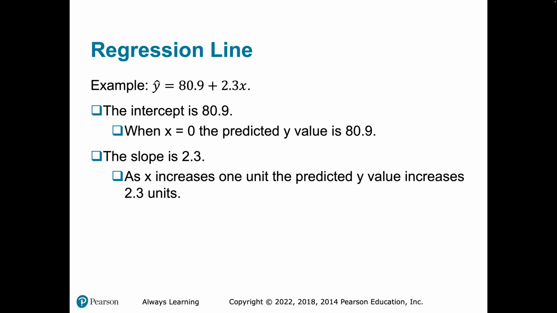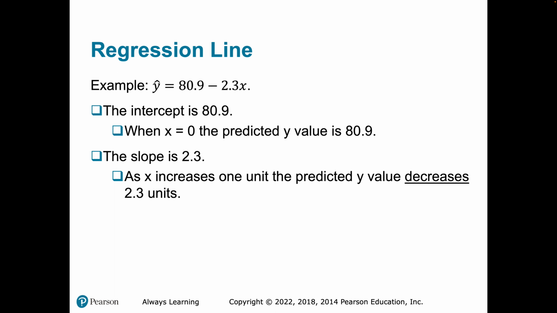Makes sense, right? If I put 0 in there, what's 2.3 times 0? Oh, it's 0. What's 0 plus 80.9? Well, it's 80.9. So when x equals 0, the predicted y value is 80.9. The slope is 2.3. This tells us that as x increases 1 unit, the predicted y value increases 2.3.